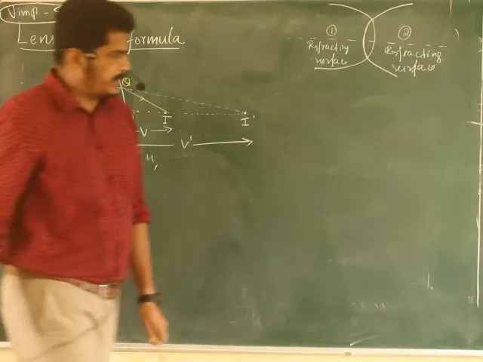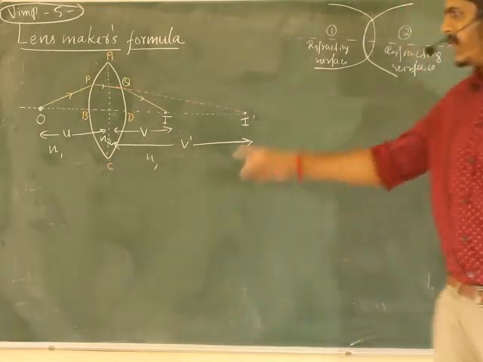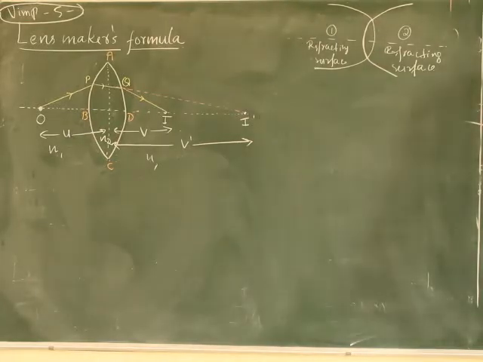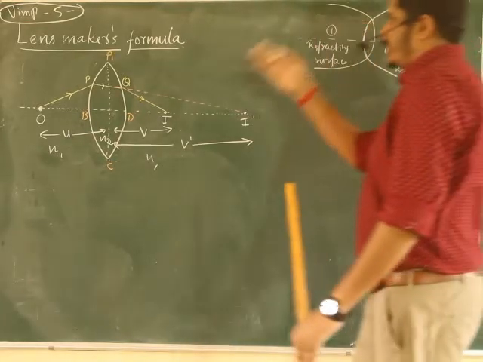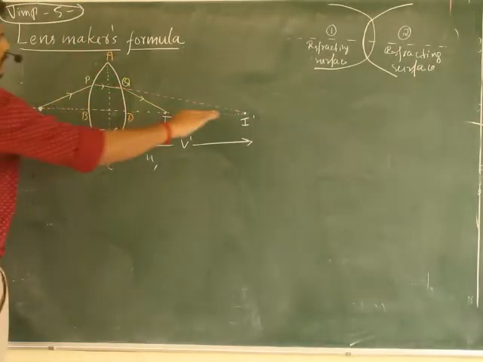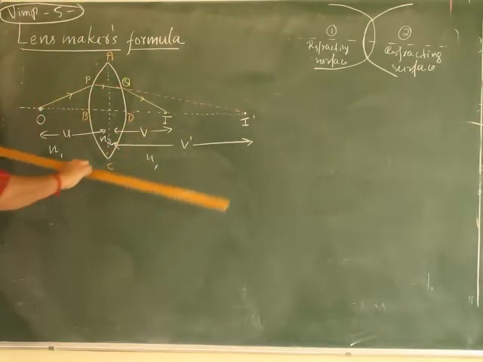Then let us continue. I hope the diagram is clear for you. You can have a look at all the things we have mentioned there. So in this diagram you can see where the object is placed. Object in the sense a luminous point is there on the axis. Which axis? The principal axis.